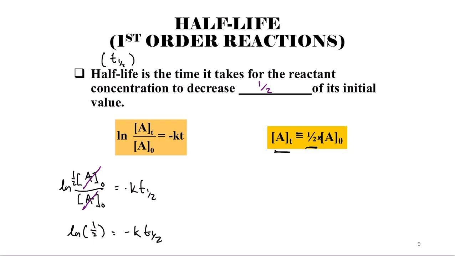And we just want to solve this for t 1/2, and that'll give us the definition of the half-life. So we divide both sides by minus k. This becomes ln 2 over k equals t 1/2.